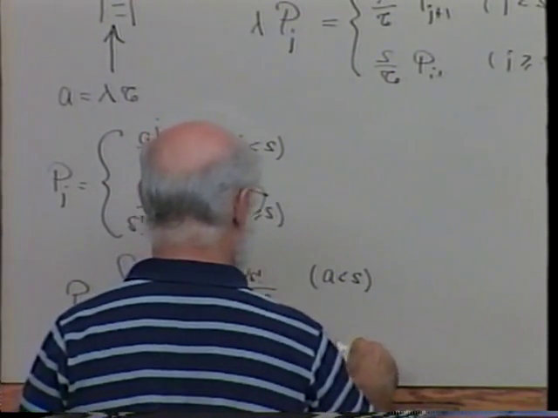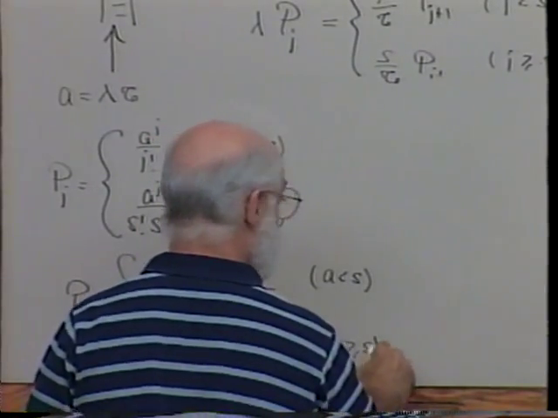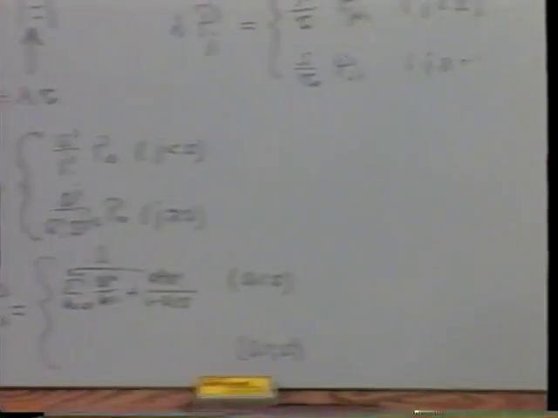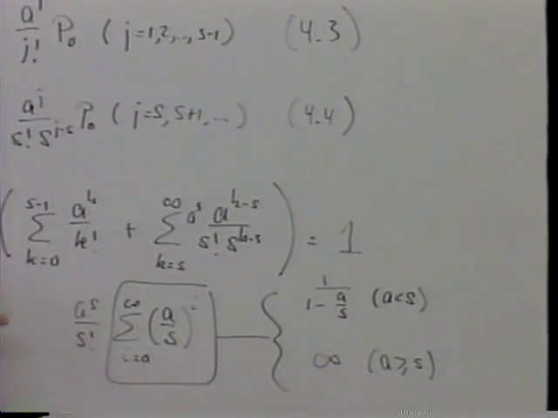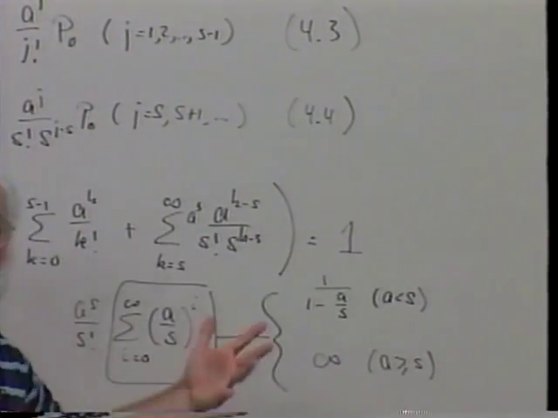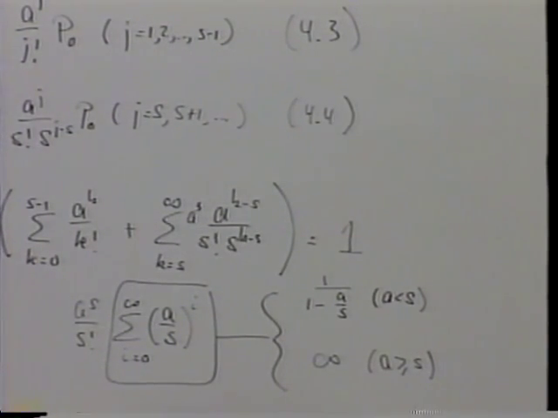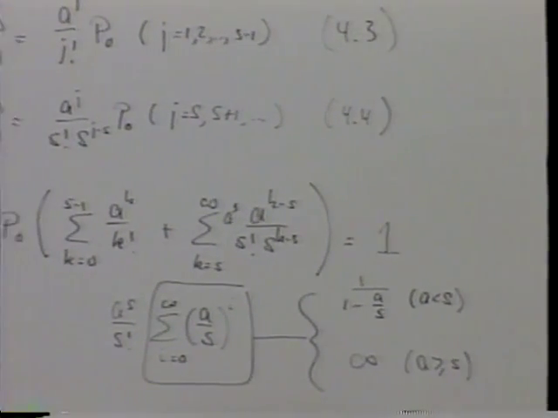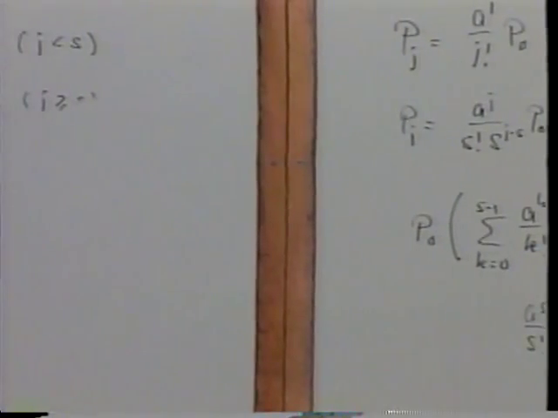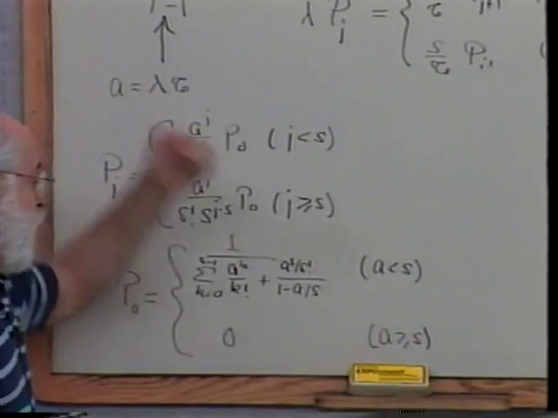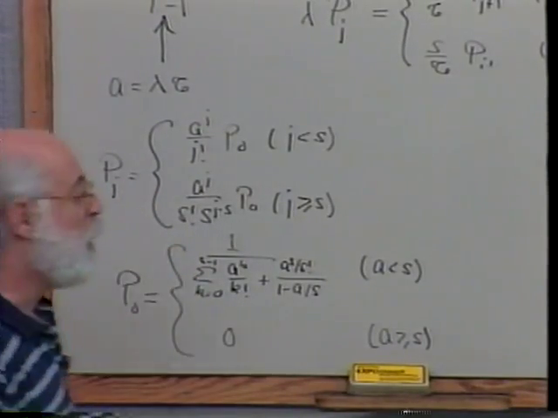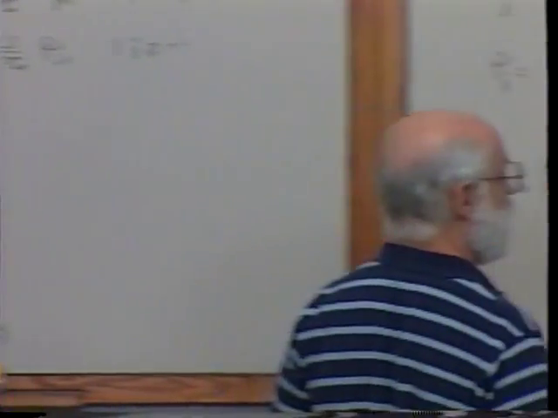Now, if a is not less than s, then this series diverges to infinity. And so formally what we could say is that P0 is 1 over infinity, or 0. Now, this makes perfect sense, as we'll see in a moment, when I interpret what this condition right over here means.